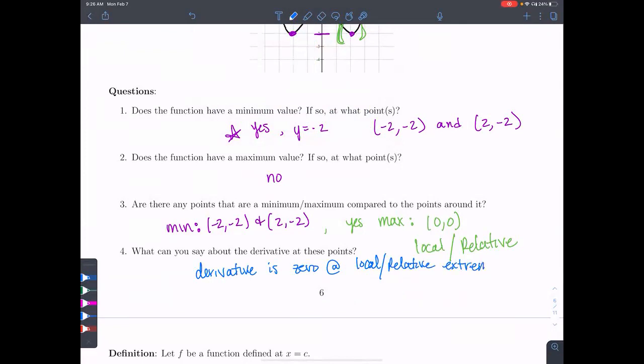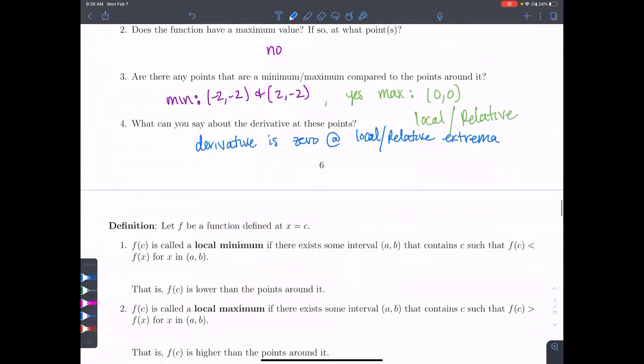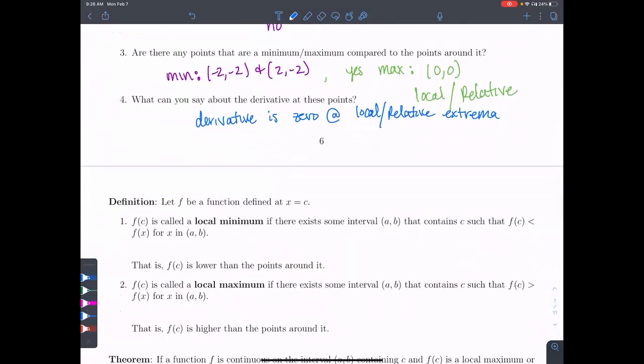Okay, so then moving on to a formal definition of the same thing.